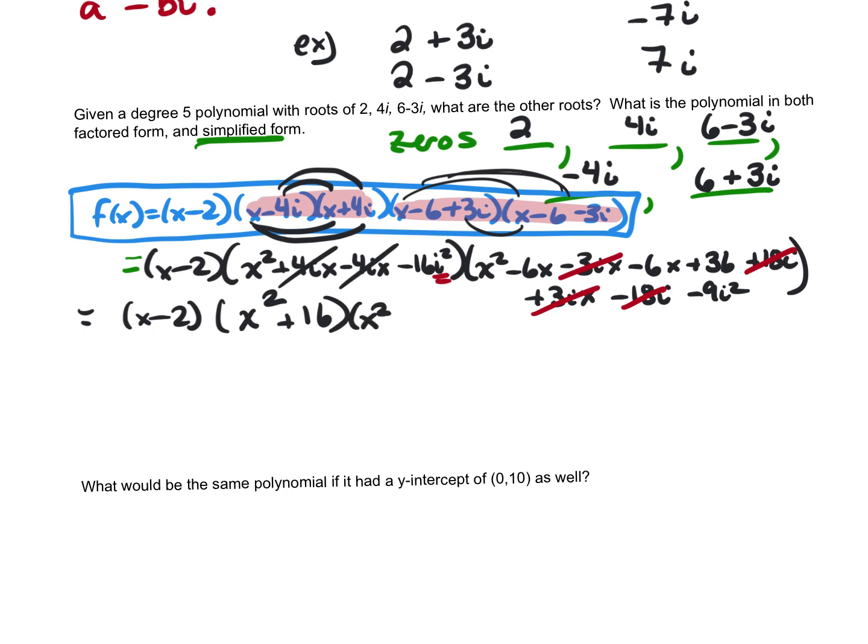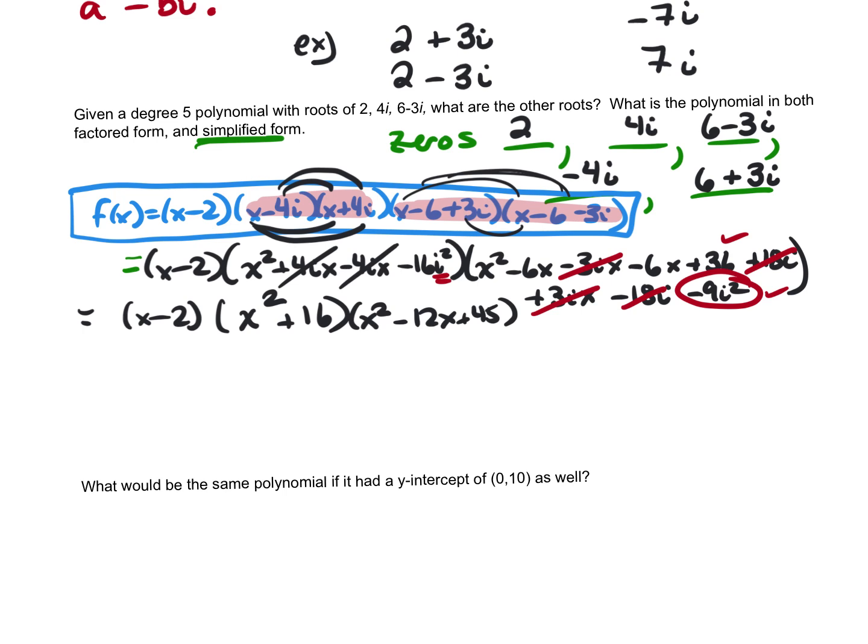So we have x squared minus 6x is minus 12x. And then again, this negative 9i squared is negative 1, so that becomes positive 9. 36 here and positive 9 here is 45. So now we just keep going. So we can keep multiplying.